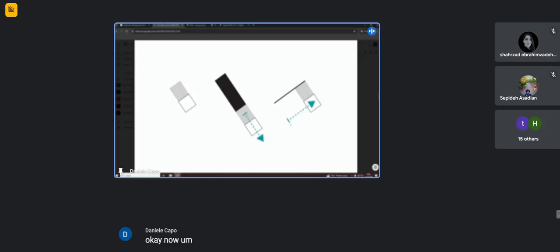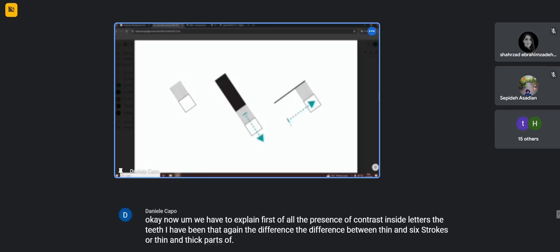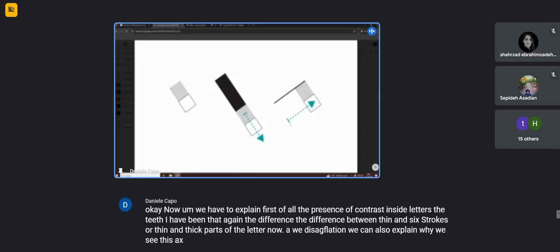Now, we have to explain, first of all, the presence of contrast inside letters. That is, I repeat that again, the difference between thin and thick strokes, or thin and thick parts of the letter. Now, with this explanation, we can also explain why we see this rotated axis in letters.